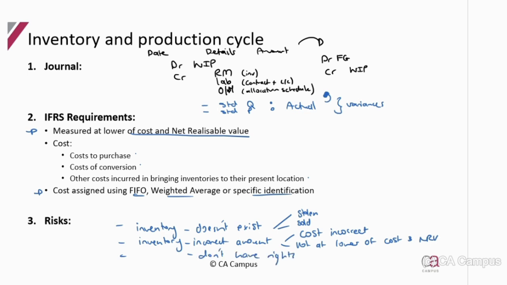So your consignment stock, or goods in transit: have risks and rewards actually transferred? And also then maybe they do have a right and they don't record it because they didn't physically get the inventory on hand and therefore didn't record it, but the risks and rewards have transferred and so they should.